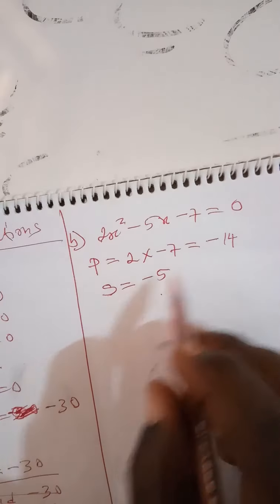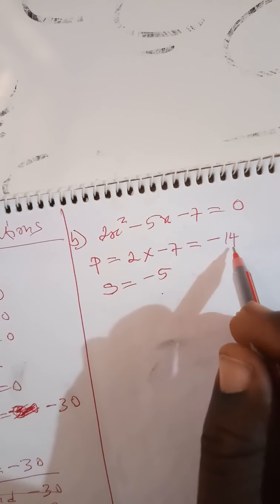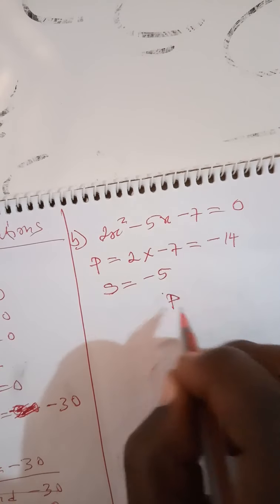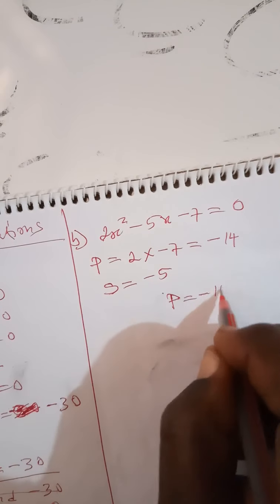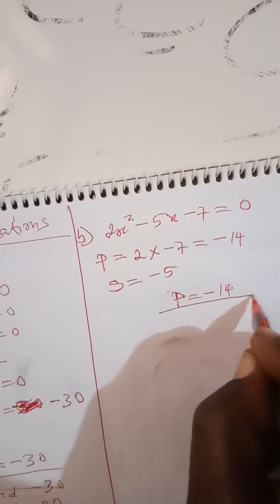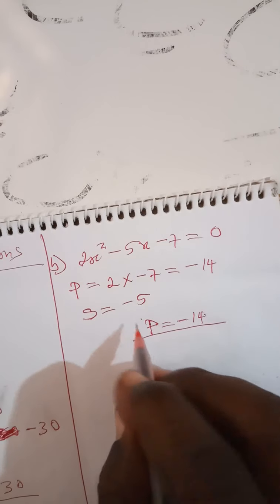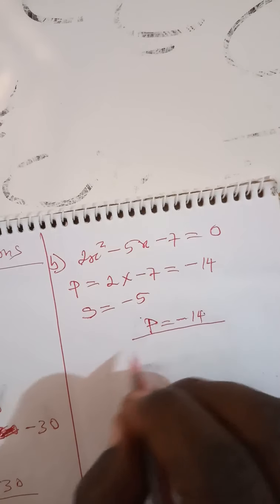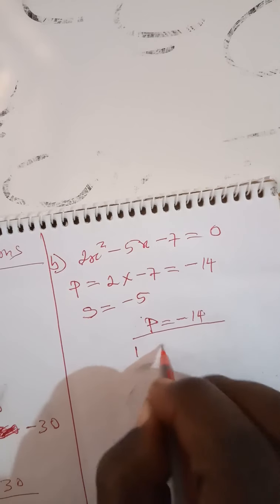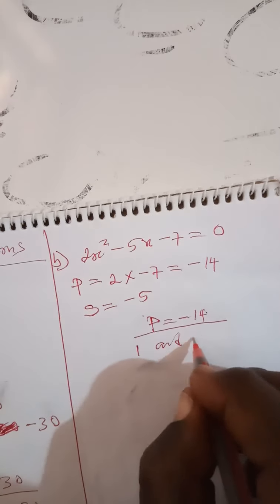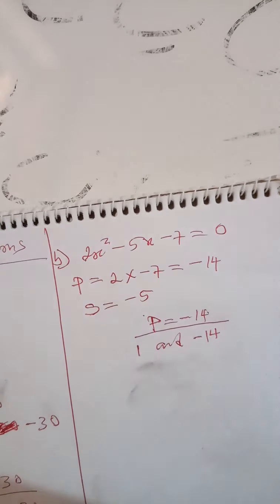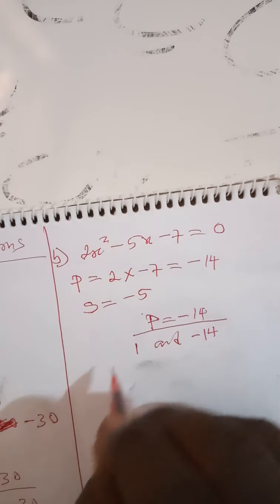So the possibilities are drawn from the product, right? So I go to the product, which is minus 14. So my possibilities, I start with 1. 1 and what will give me minus 14? Minus 14. Next, 2 can go in 14.